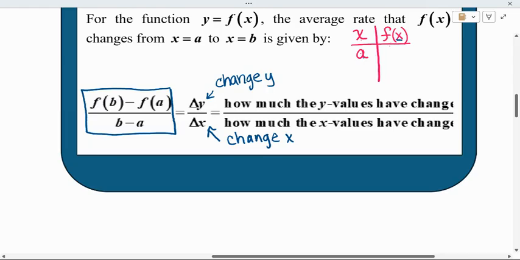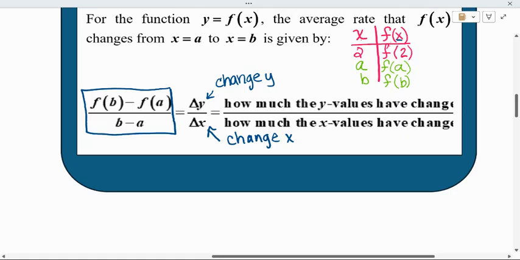Whatever you input. Okay, how about this? If I let x equal 2, what would my output be? I would evaluate the function at f of 2, right? You're just replacing. So if I let x equal a, my output is f of a. And if I let x equal b, my output is f of b.